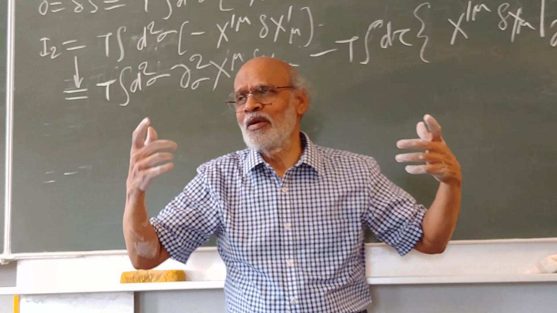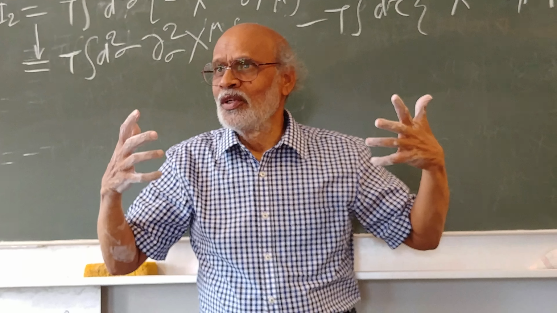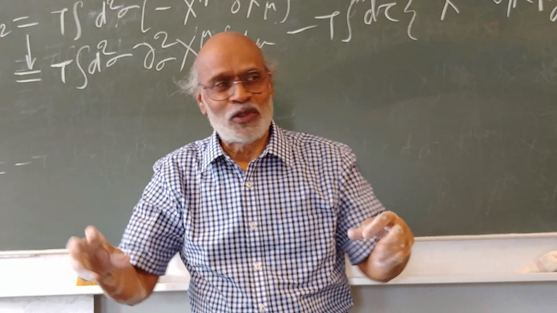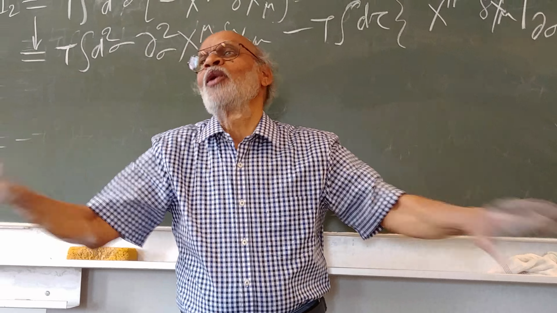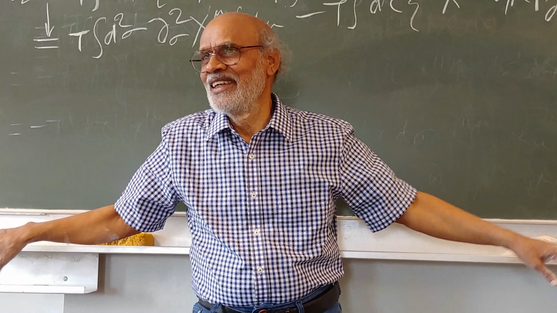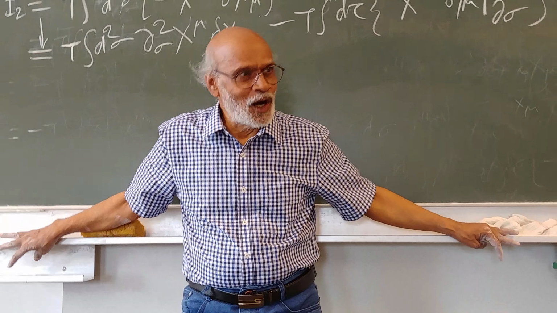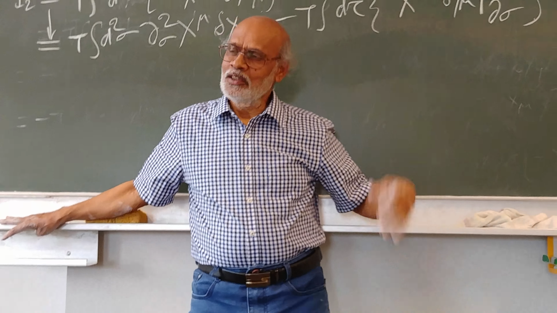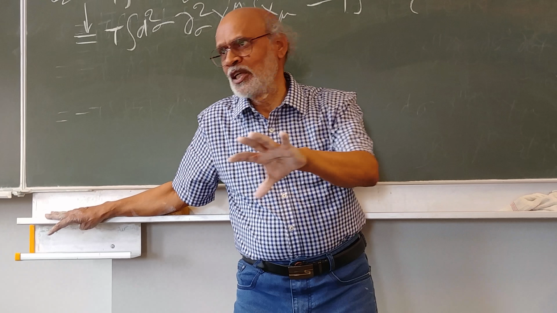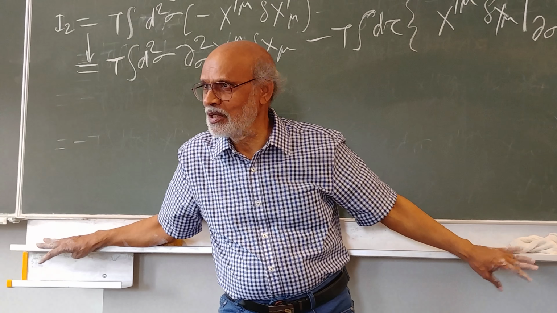But somewhere in our mind we know that the boundary terms have to go to 0. So the boundary conditions have to be defined in such a manner that the boundary terms always vanish. That's the main thing. And how we do it defines what kind of theory you are handling: closed string theory, open string theory, which kind of open string theory, which kind of boundary conditions.